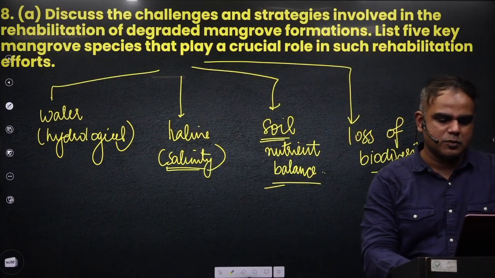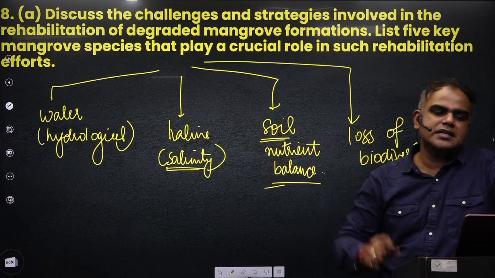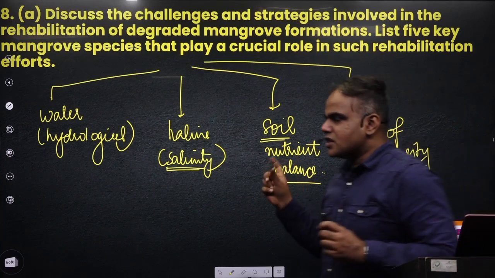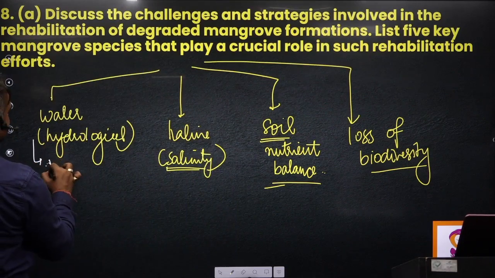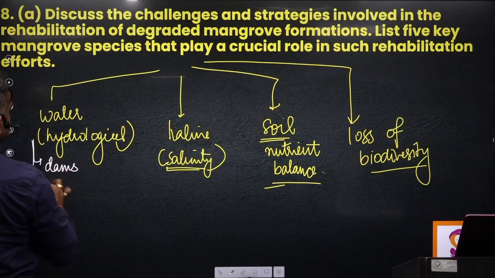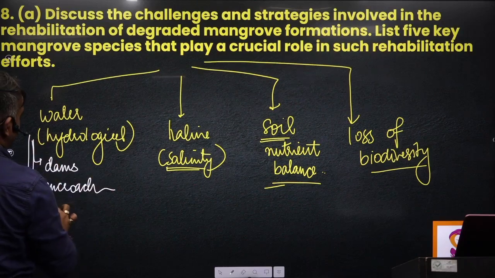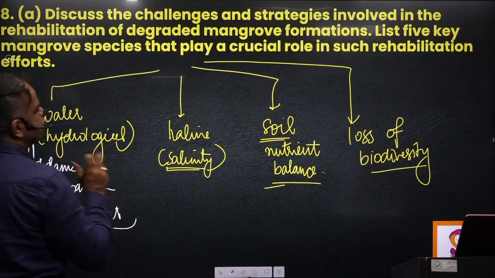I hope you understand the first part, what the challenges are. Number 1, water related, these are hydrological challenges. Just a couple of extra points: these challenges can be because of dams, encroachments, or embankments. I'm just telling you what challenges you see.